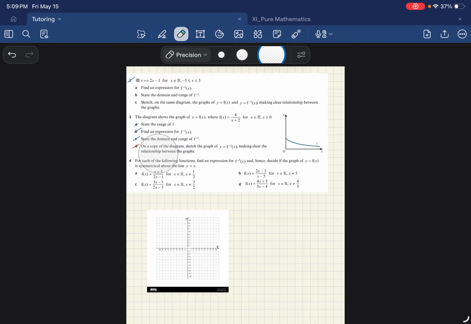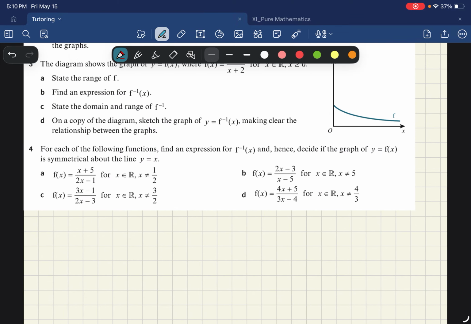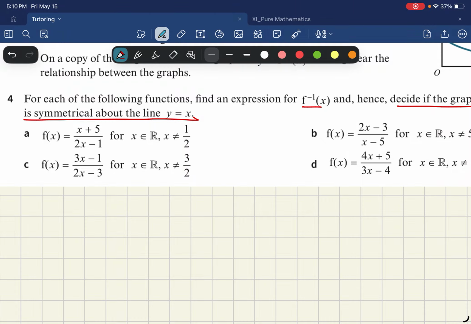And 4 is very simple as well. So 4 just says, find an expression of f inverse of x, and hence decide if the graph of y is equal to f of x is symmetrical about this line, right? And that just means check whether f is self-inverse or not. So question 4 is asking us to check this.